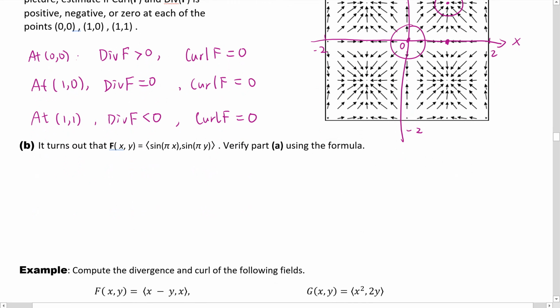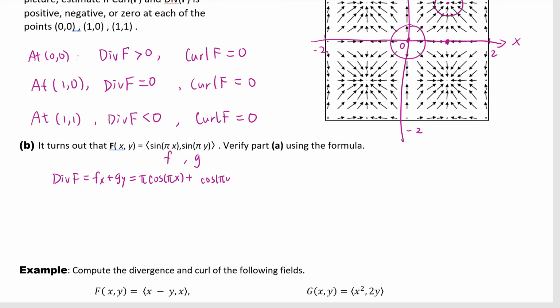This is f, g, right? What is divergence? It's fx plus gy. fx: the derivative of sine is cosine, πx, chain rule, so times π. Plus the derivative of sine is cosine πy, chain rule, the derivative of πy is π.